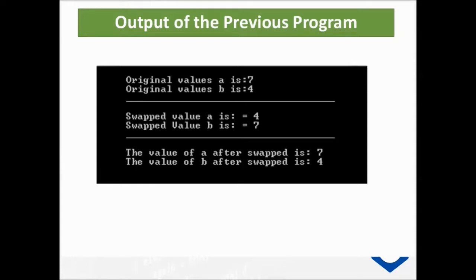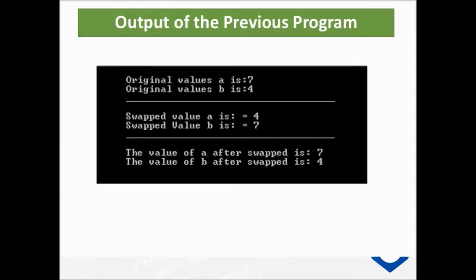The function definition of swap shows int x and int y. These are called formal parameters and they receive the values of variables a and b passed from the main program.